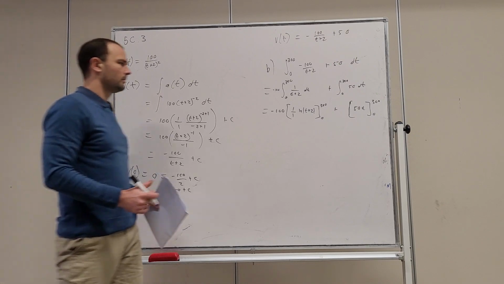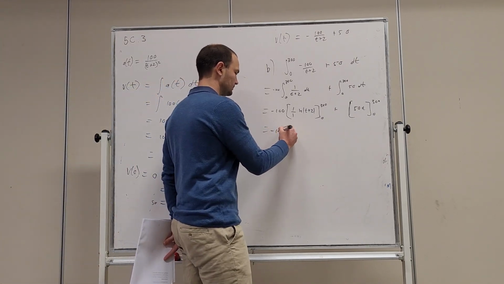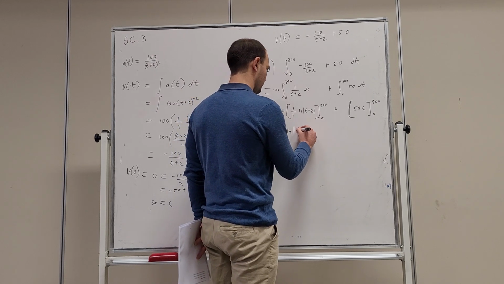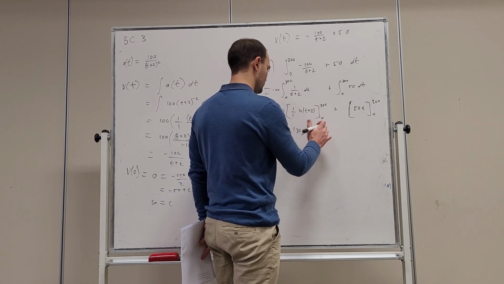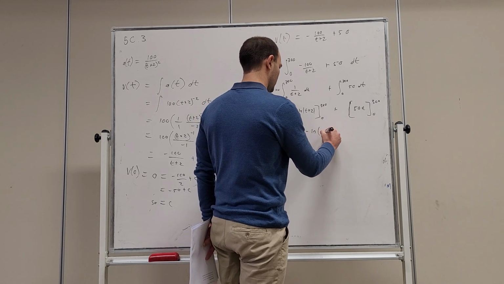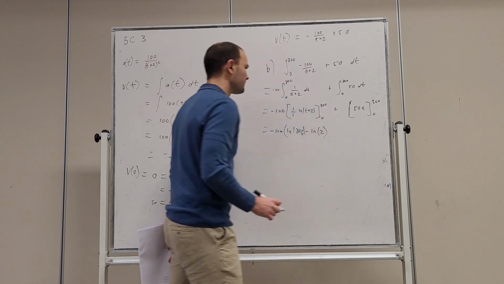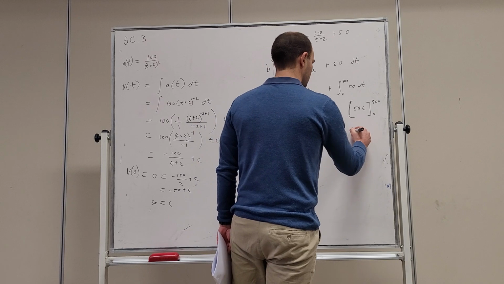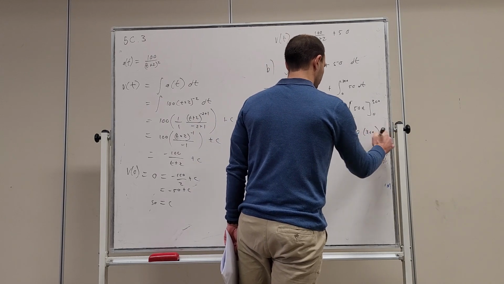Okay, so plugging all that in, we'll have minus 100 ln of 302, take ln of 2, plus 50 times 300.